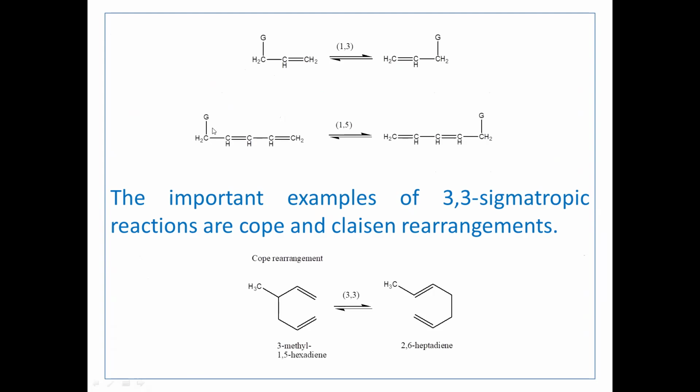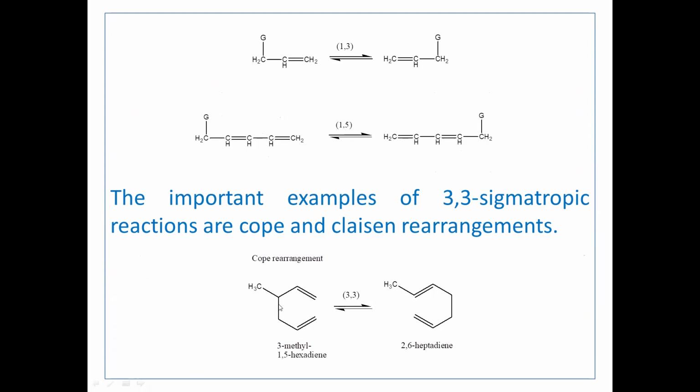And in this case, this migrating group moves from C1 to this C5, and the pi bonds will shift in the opposite direction. And it is an example of a 1,5 sigmatropic reaction. So therefore, in a sigmatropic reaction, a group migrates along with its sigma bond by a certain number of carbon atoms in a pi system.